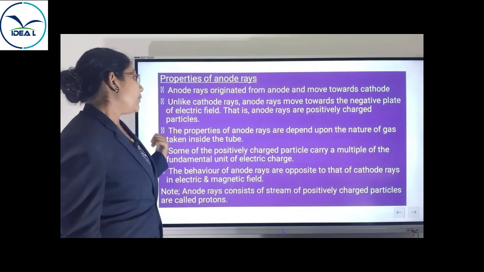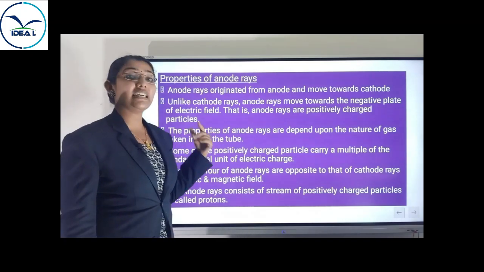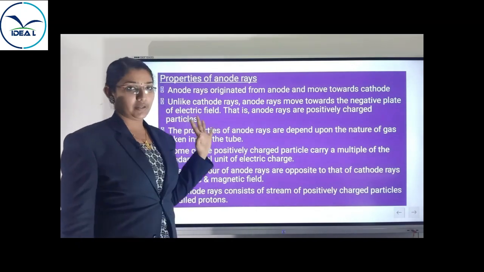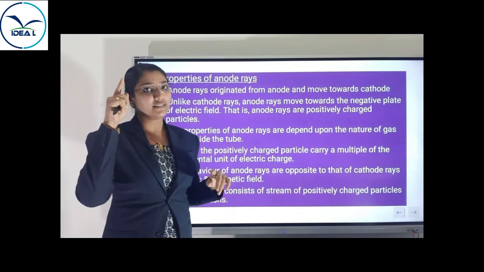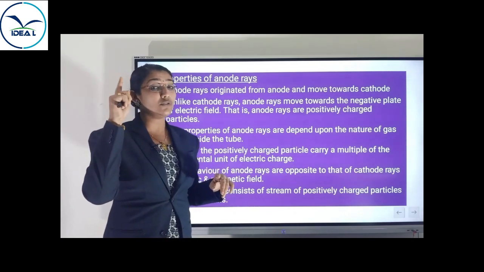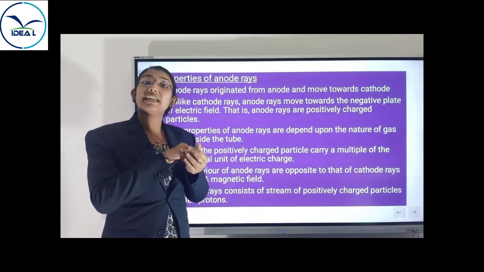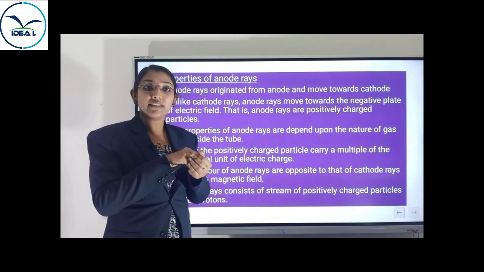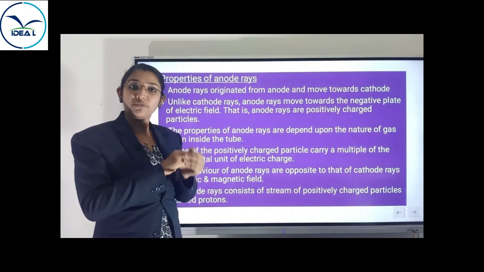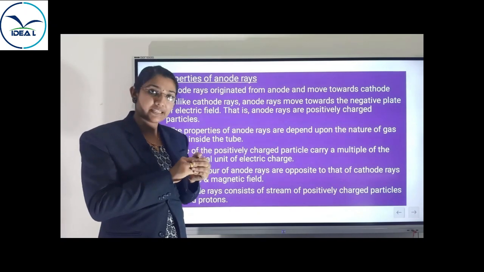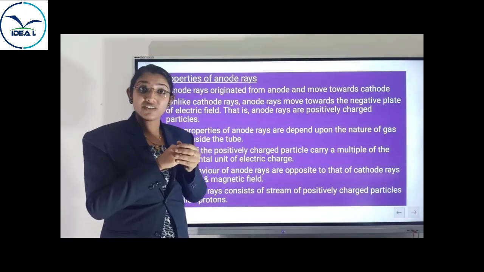The properties of anode rays depend upon the nature of gas taken inside the tube. Just remember the property of cathode rays: the behavior of cathode rays does not depend on the nature of gas taken in the discharge tube. But here the behavior of anode rays depends on the nature of gas taken in the discharge tube.